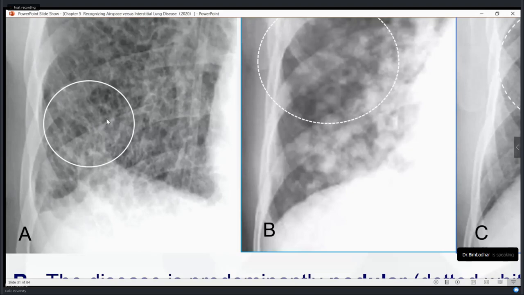And another thing is that if it is a pulmonary marking, generally the patient does not complain of a severe cough, will not have dyspnea, and does not have restricted chest movements.